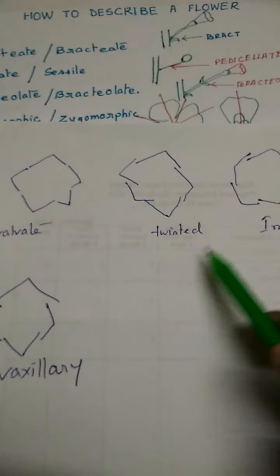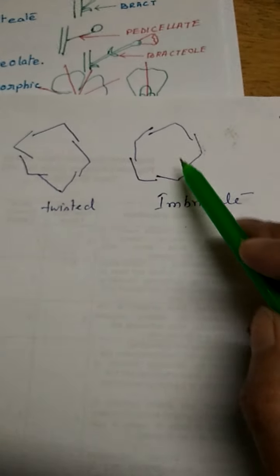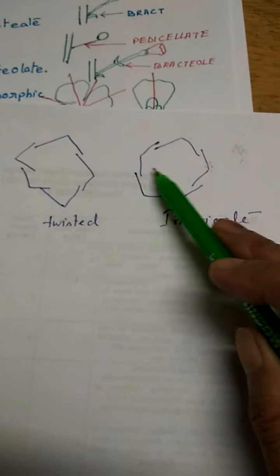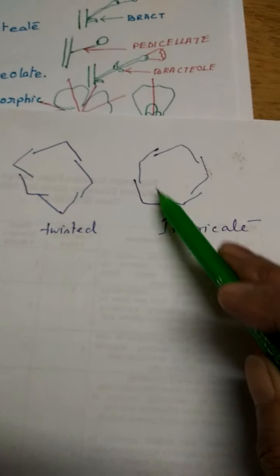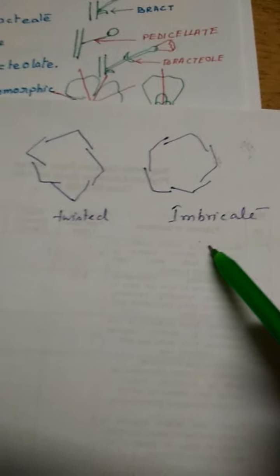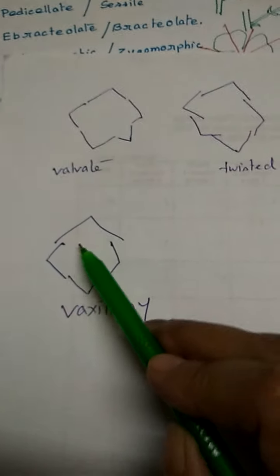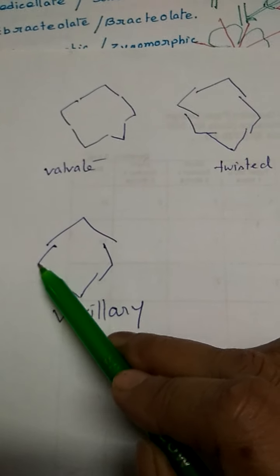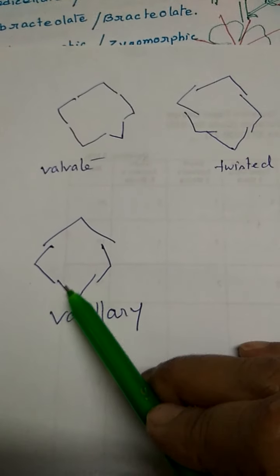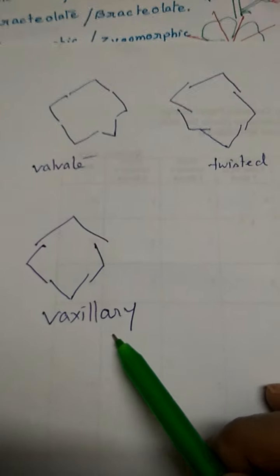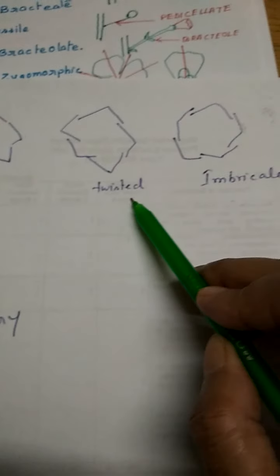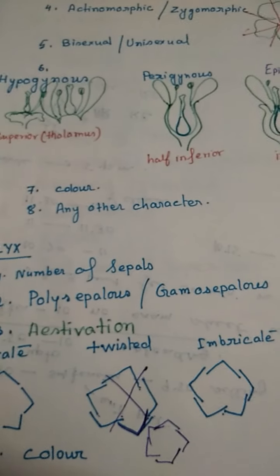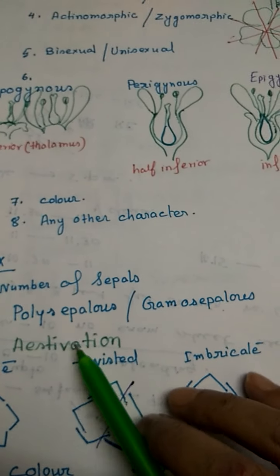So that one is twisted. In case of the imbricate, one is totally inner, one is totally outer, and the rest are twisted. So imbricate. In case of the vexillary, this one is the outermost and bigger one, the next 2 are twisted type, and this one is totally inner. So valvate, twisted, imbricate and vexillary. So this is known as estivation. It is very, very important.